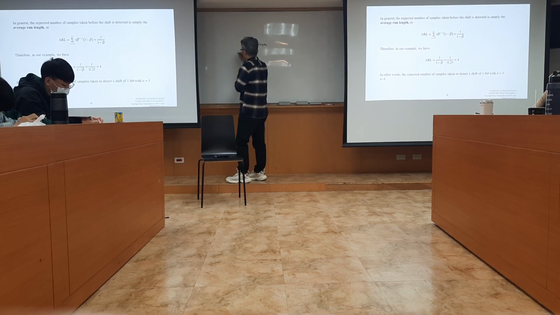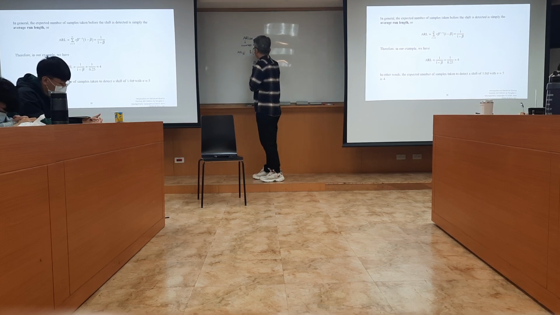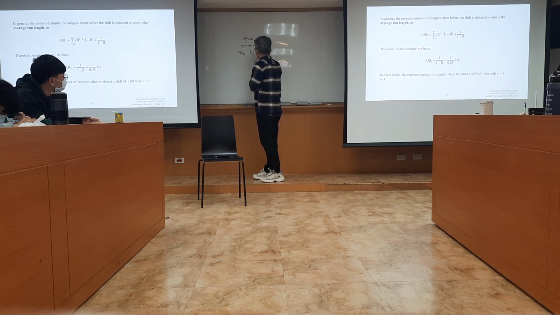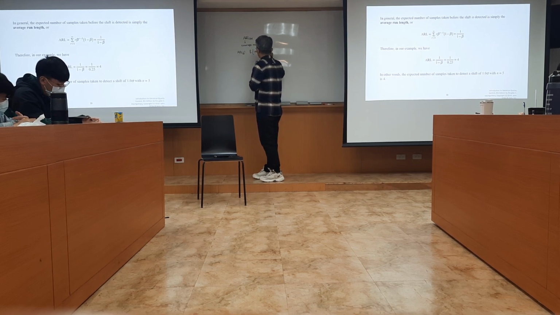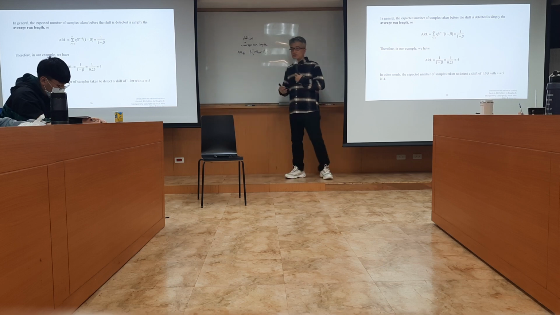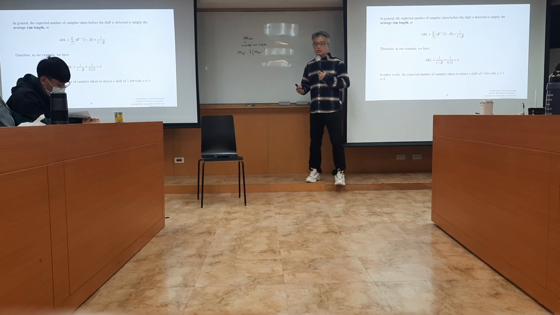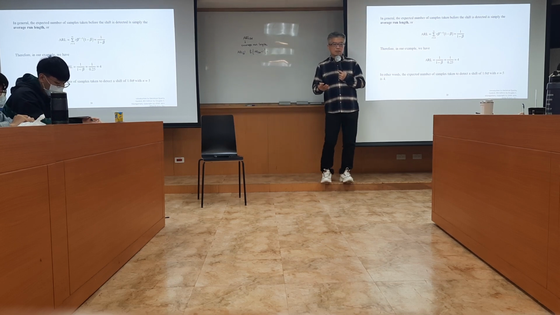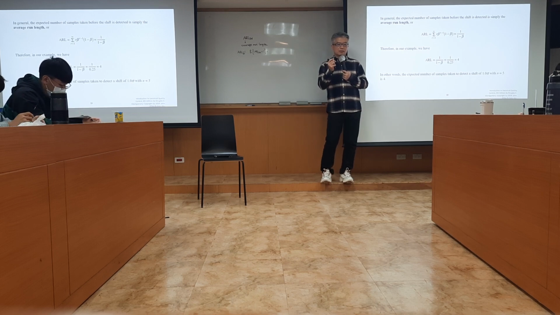So if the ARL equals 1, that is the probability that the first point gives a signal, a point out of the control limit.